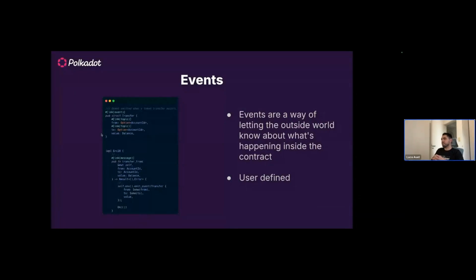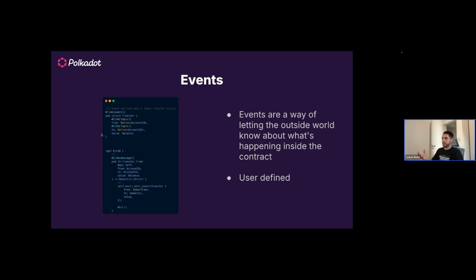Events don't really modify anything in the actual logic of your code. They are basically used for indicating to off-chain people, like someone who is listening to your contract, someone who is waiting for an execution, what happened, okay? Remember that when we submit a transaction on chain, this is not something synchronous.